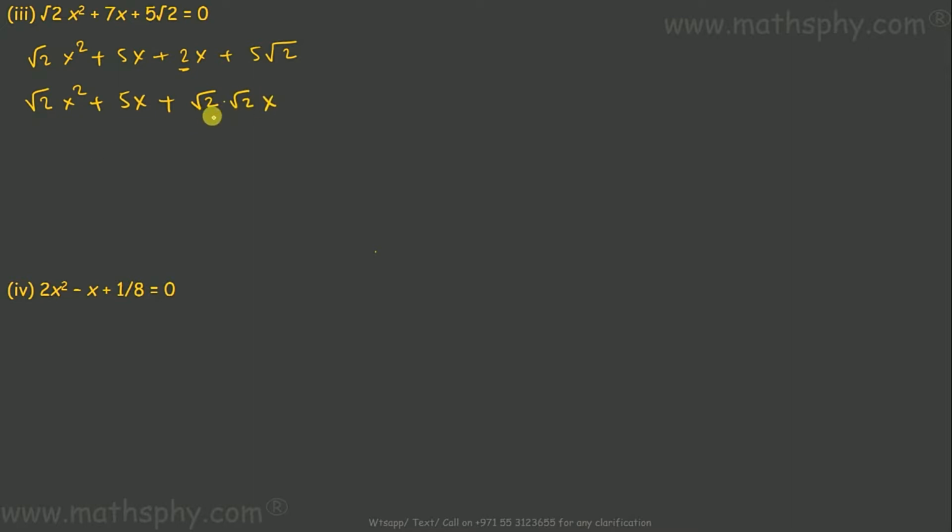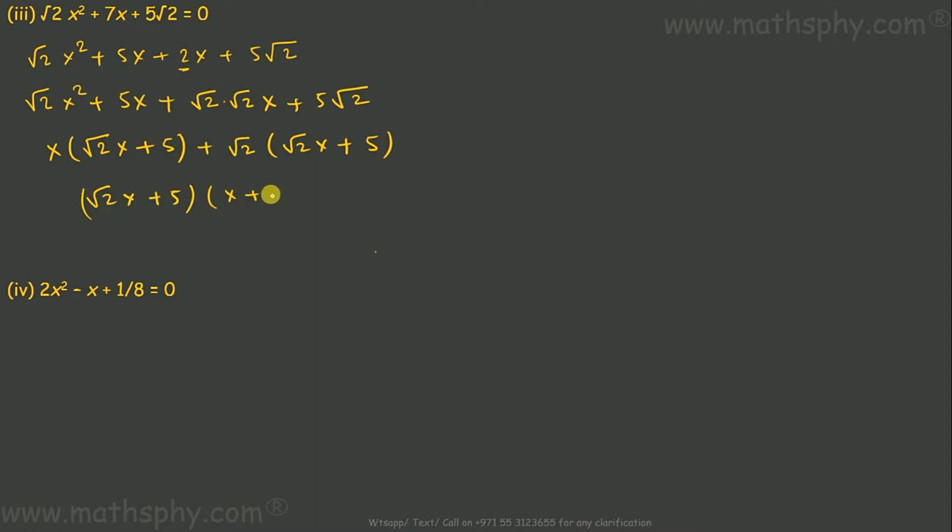Root 2 into root 2 gives you 2x plus 5 root 2. Now let's solve this. I take x as common, so this comes to root 2x plus 5. Here I take root 2 as common, so this comes to root 2x plus 5. Now if I take root 2x plus 5 as common, this gives me x plus root 2.